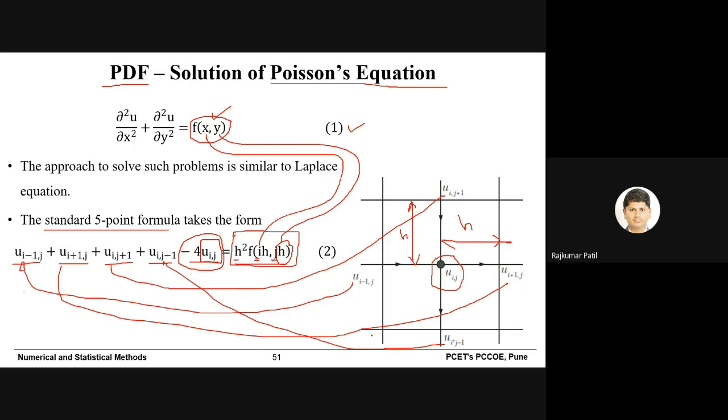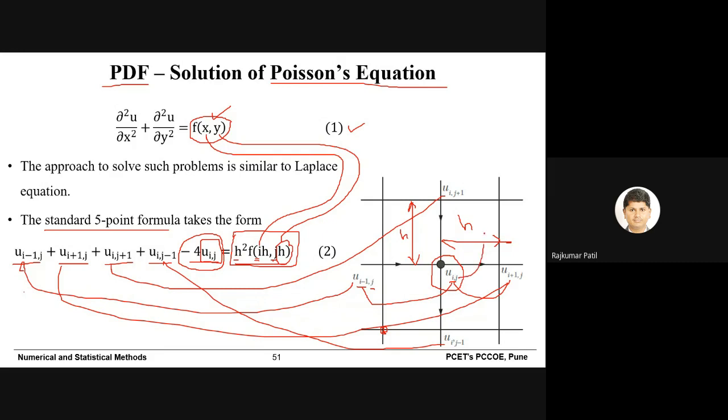For example, if a given point has coordinates, the x coordinate will be denoted by i and y will be denoted by j. So if this is the point ij, then the previous point will be (i-1)j and the next point will be (i+1)j.